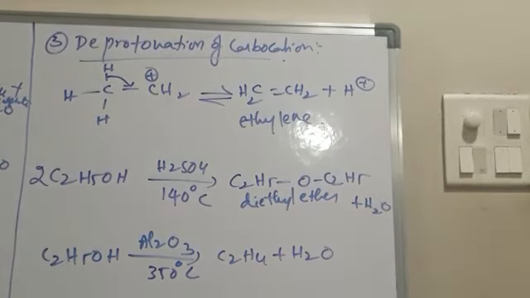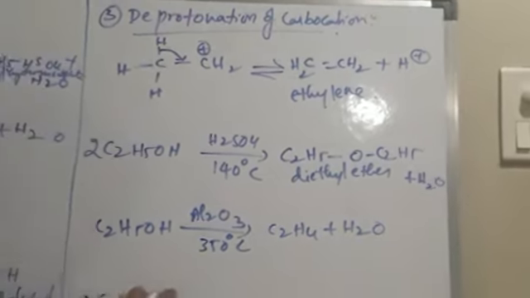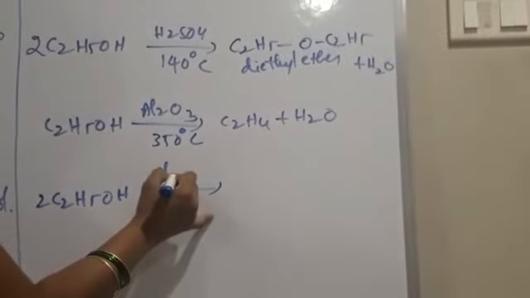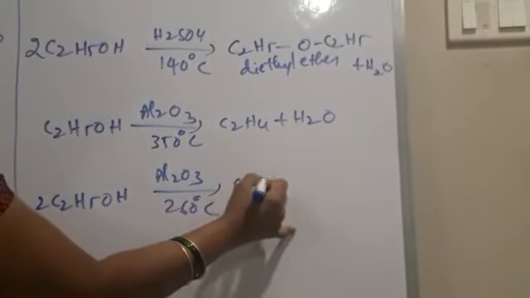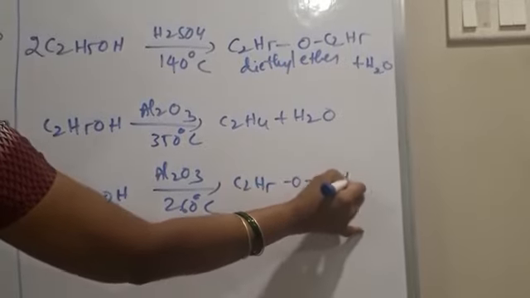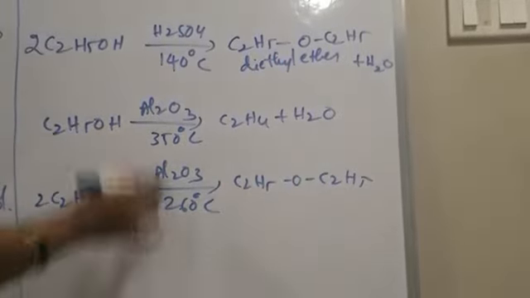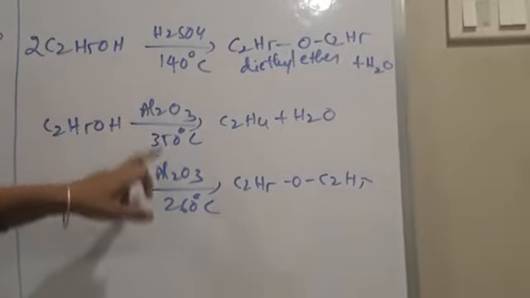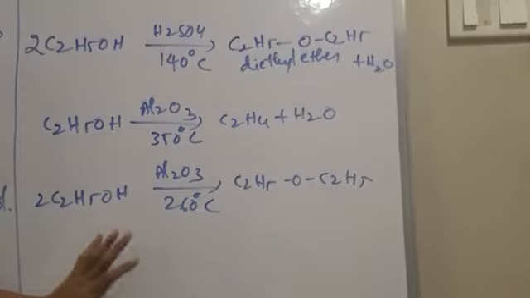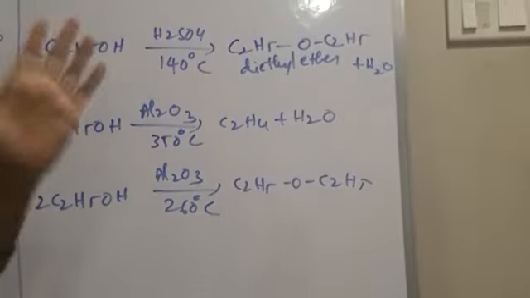At 260 degrees centigrade, 2 moles of ethyl alcohol form diethyl ether. So it is the same reaction, ethylene formation and diethyl ether formation, but here the dehydrating agent is alumina. Next, coming to secondary and tertiary alcohol.